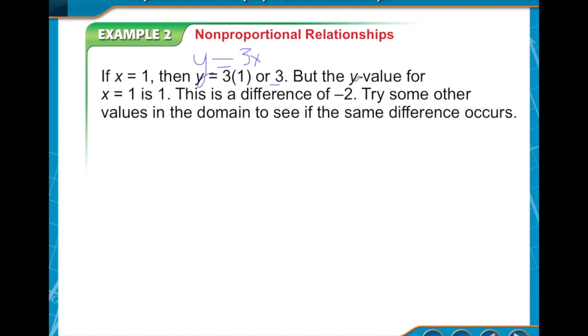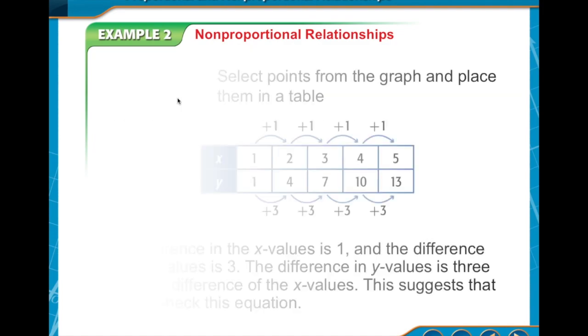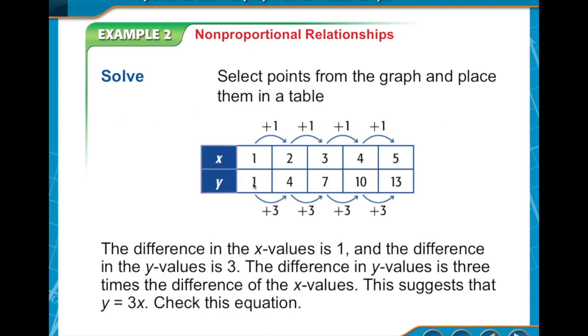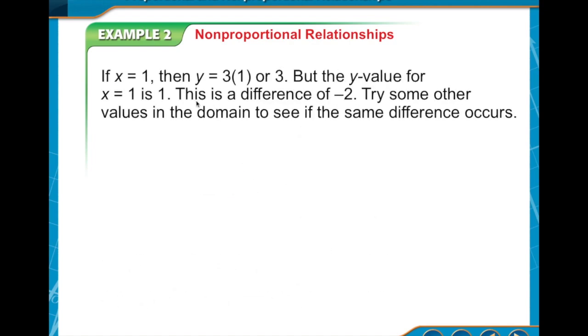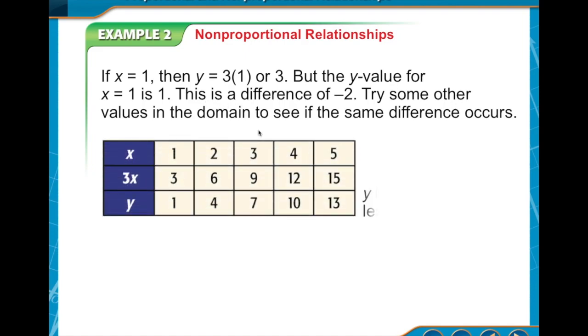But the y value for x equals 1 in our table is 1. So if you go back, when x is 1, y is 1. We didn't get 3, we got 1. So that's not true. We're 2 under what we should have gotten if y was going to be equal to 3x. So we can try some other value to see what happens.